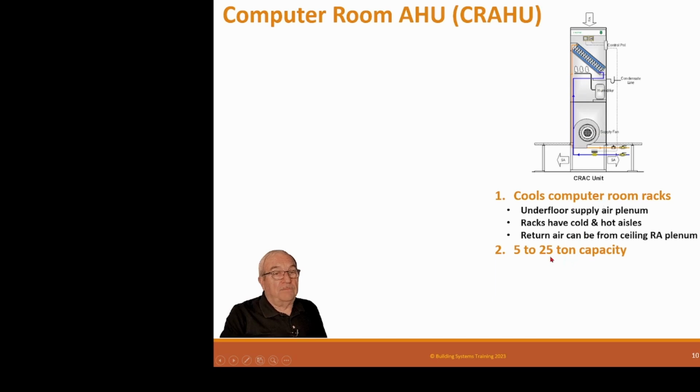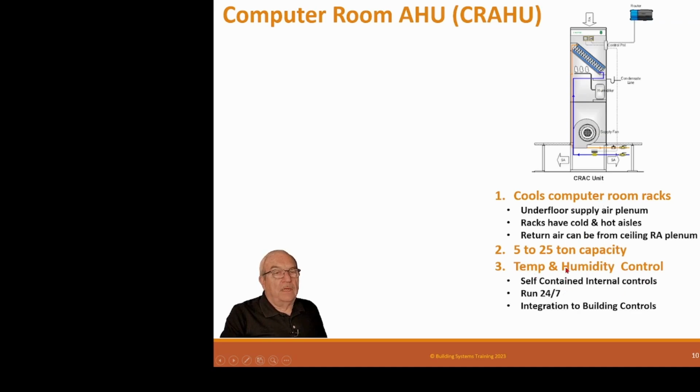These units come from 5 to 25 ton capacity. Temperature and humidity control, self-contained controls like I just talked about. They run 24/7, and they can be integrated to building controls through a network integration. But the only write commands these have are room temperature and room humidity.